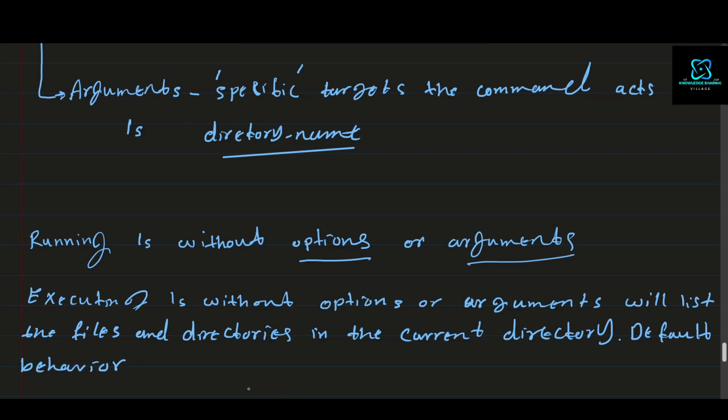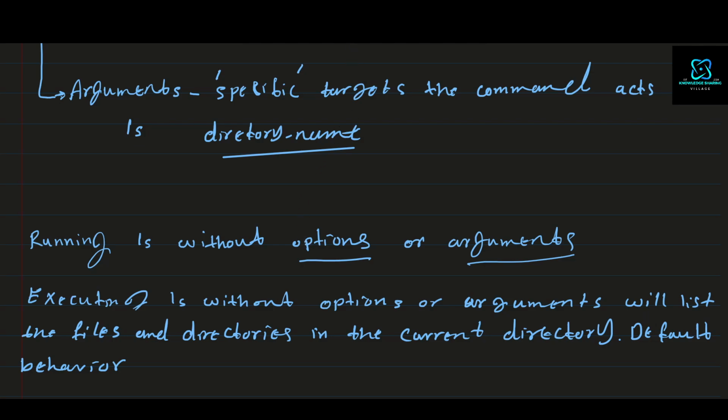We will come to other commands also. When you do not provide option and argument to a command, it depends on what the developer of that command has set the default behavior of that command to do.